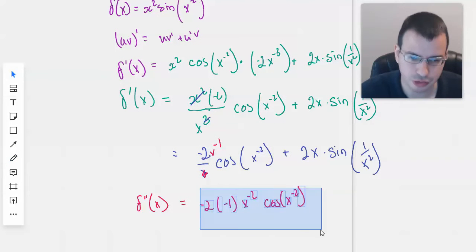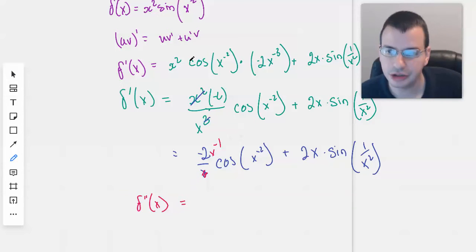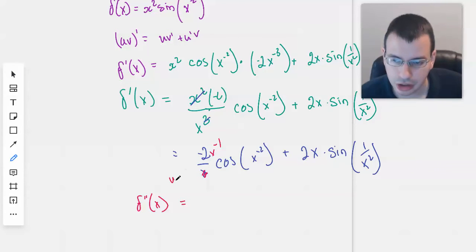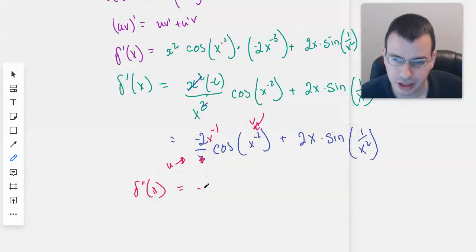Okay, I'm going to redo this again real quickly. Stick with red. So this will be u, this will be v. So u is negative 2x to the negative 1.